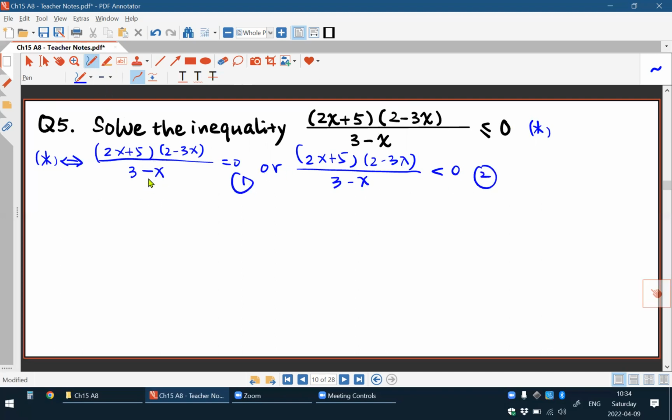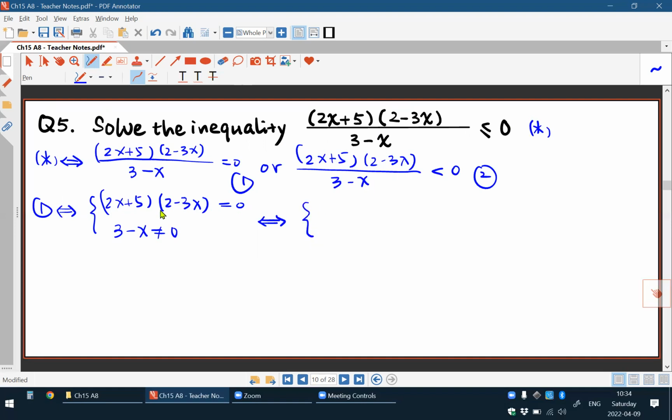Then we need to solve them separately. So equation number 1 is equivalent to, first of all, the numerator being 0, but the denominator cannot be 0. Then let's solve it.